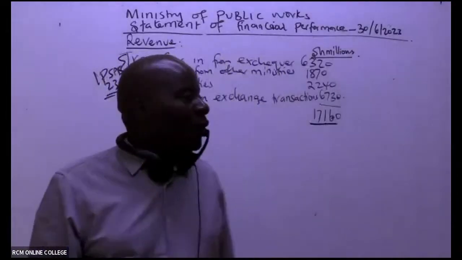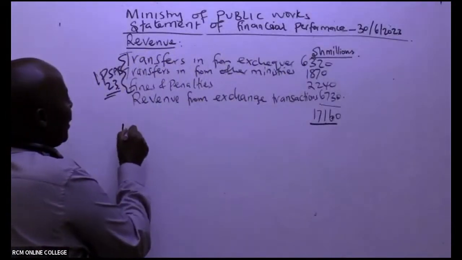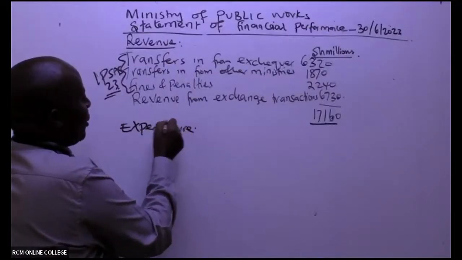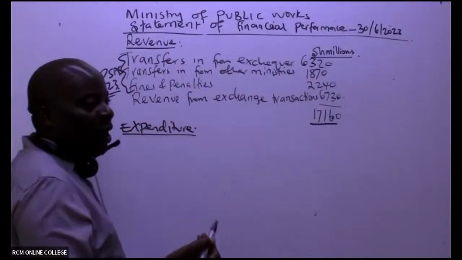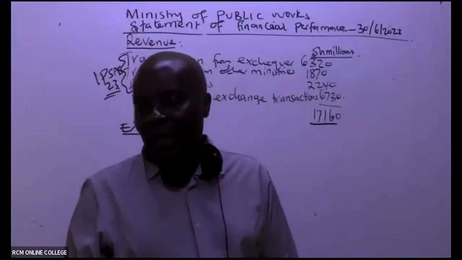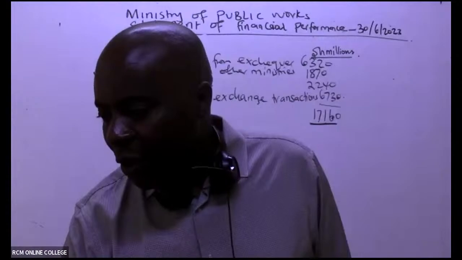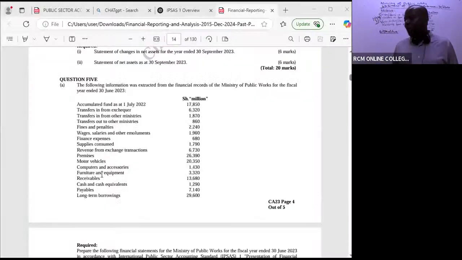Expenditure. Fortunately, we have been able, ladies and gentlemen, to list all of them. So ours will basically be to pick them. So now we are picking them. Remember the first one that we identified as an expense is transfers out to other ministries.